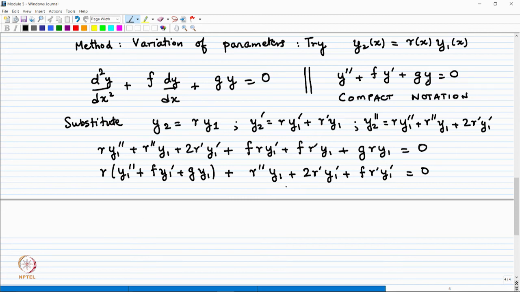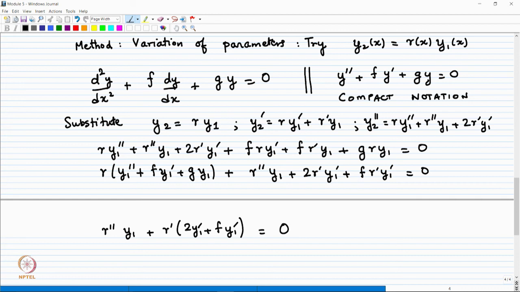The remaining terms I can write as r double prime y1 plus r prime times 2 y1 prime plus f y1 prime equal to 0. Now you notice that there is no term involving r.